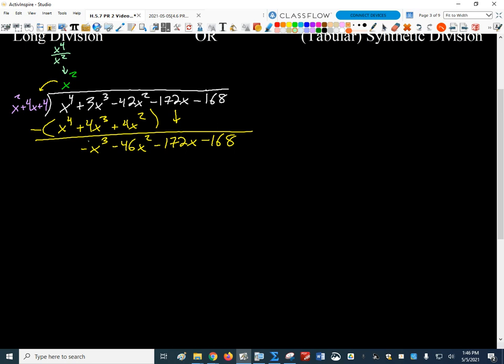In other words, remember what we always do is we divide the leading term inside by the leading term outside to get that term in the answer. So in other words, negative x cubed divided by x squared.